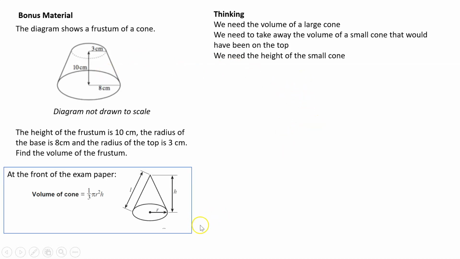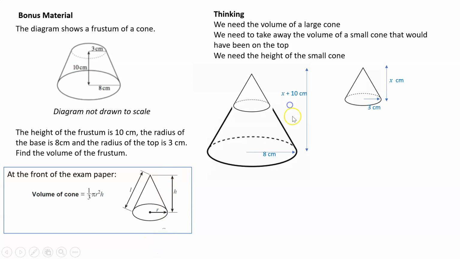So we're given at the front of the exam paper, the volume of a cone is 1/3 pi r squared times the vertical height. So if we draw a diagram of the cone as it would have been before the top bit was taken away, and we call the height of the small cone x, then the height of the big cone would be x plus 10.